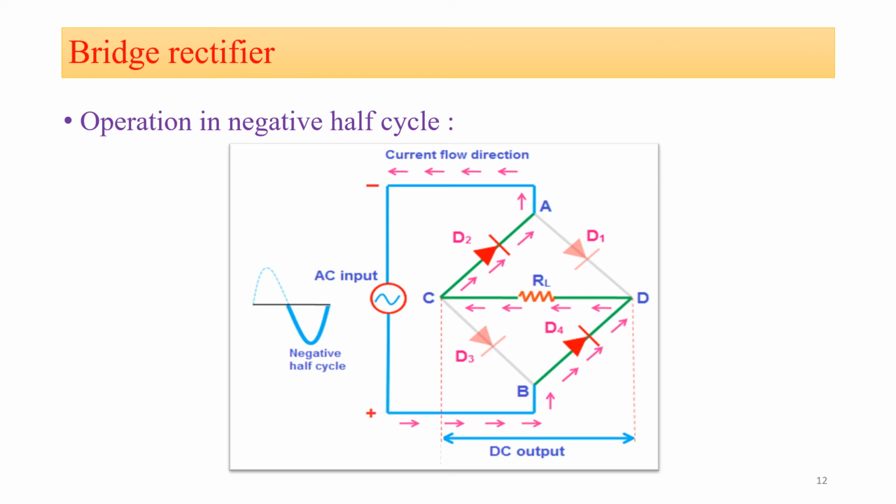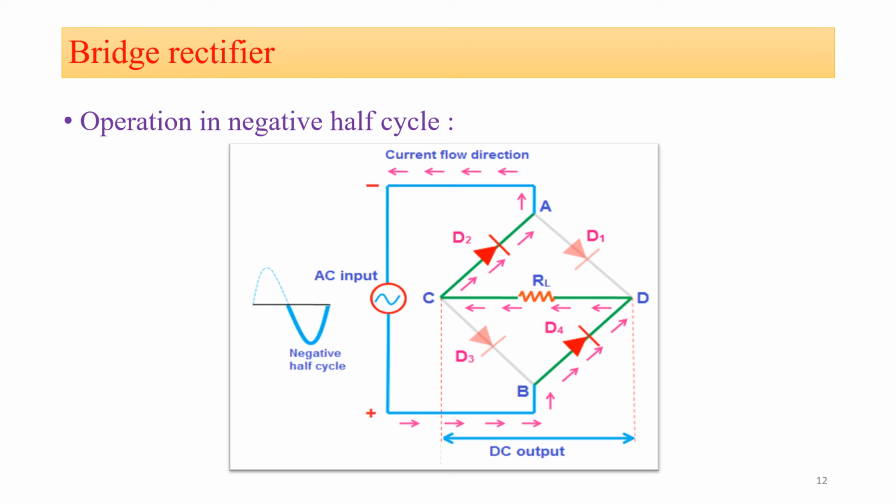In this cycle the current will flow from terminal B to terminal A. The current starts to flow from terminal B to diode D4, then from diode D4 to the load resistor RL, then from RL to diode D2, and from D2 to A, that is negative.